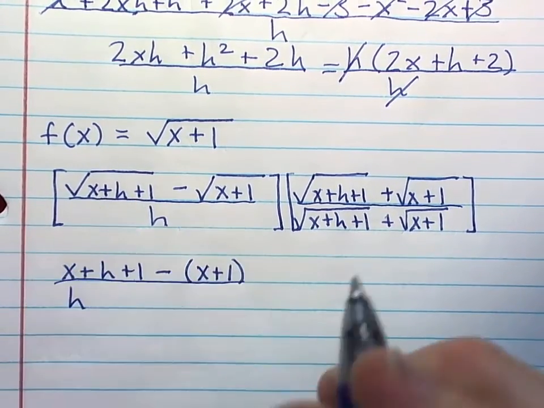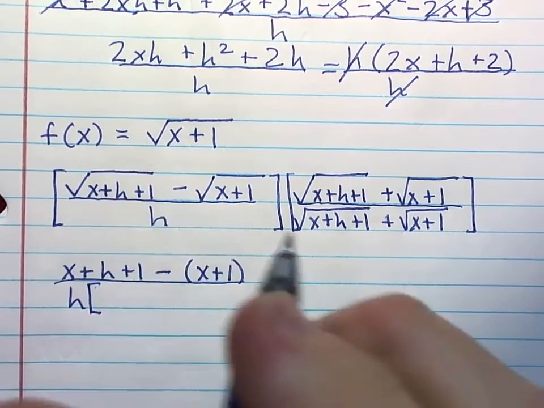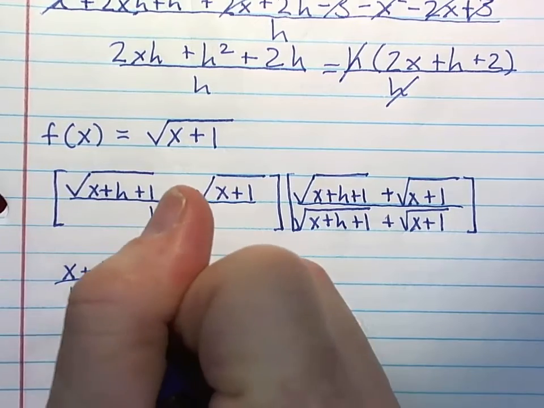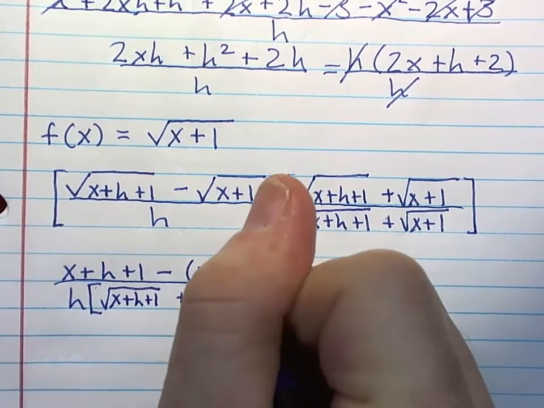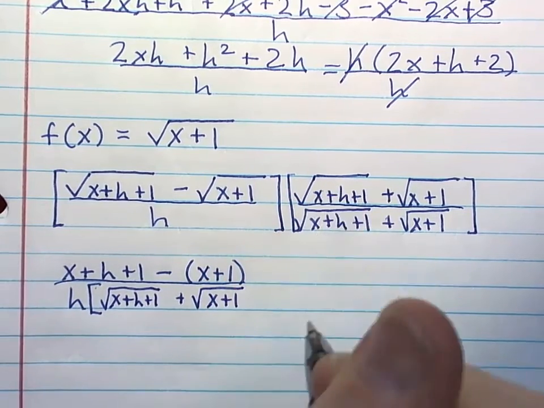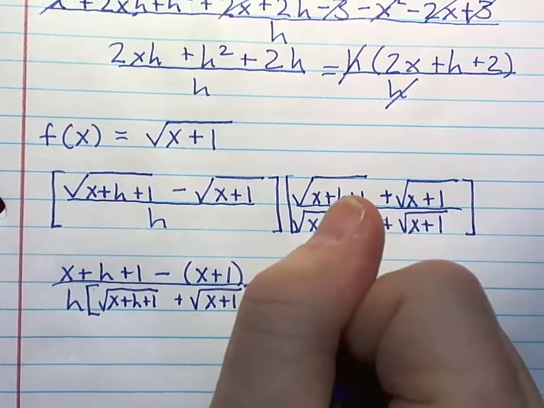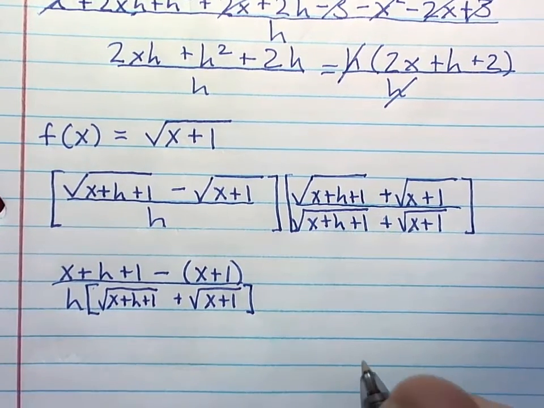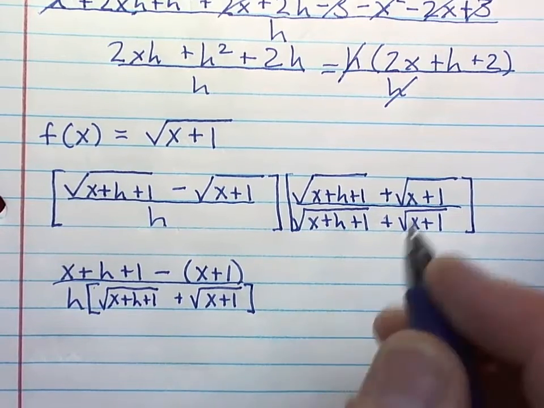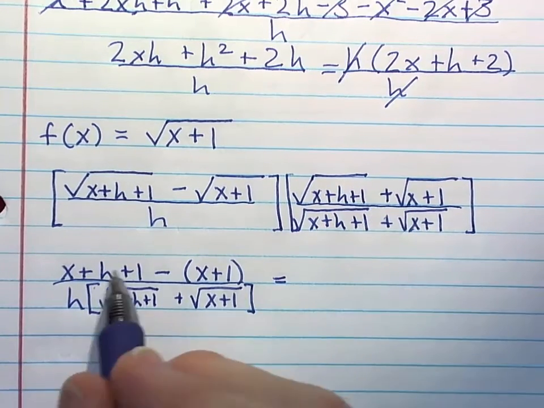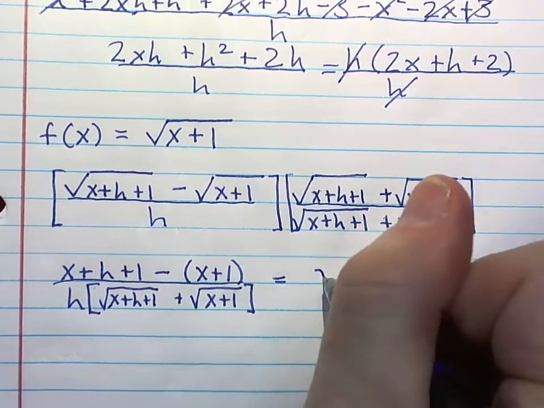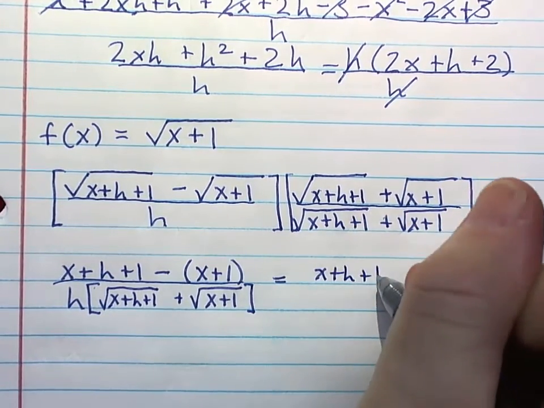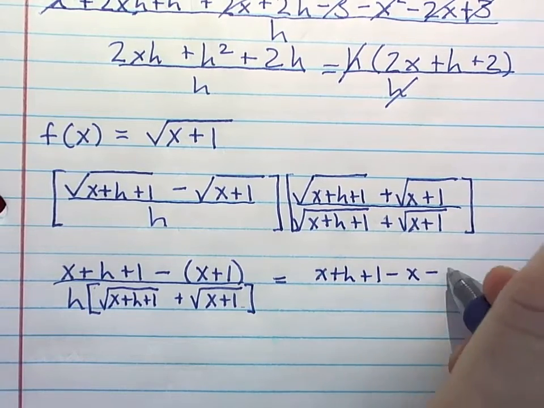And then I've got this bottom, like that. Okay. Now, if we do the algebra up top, notice we get x plus h plus 1 minus x minus 1.